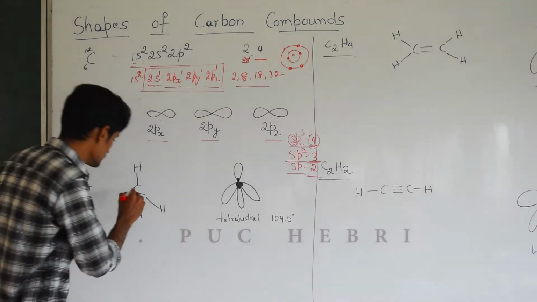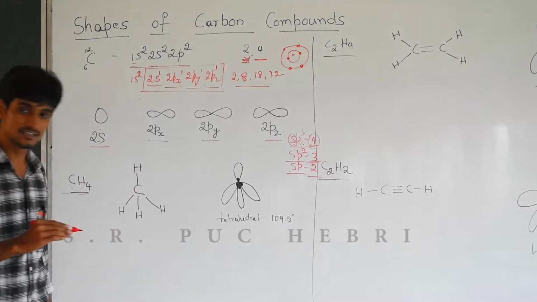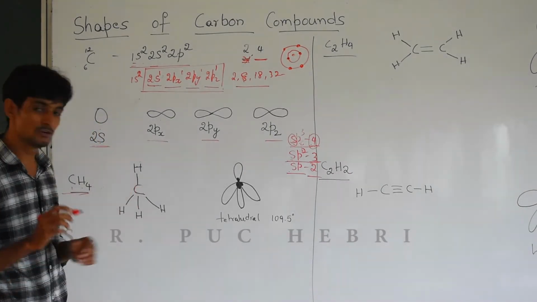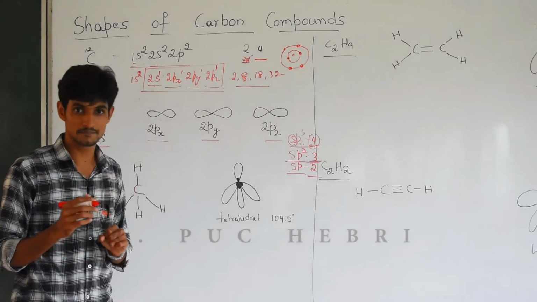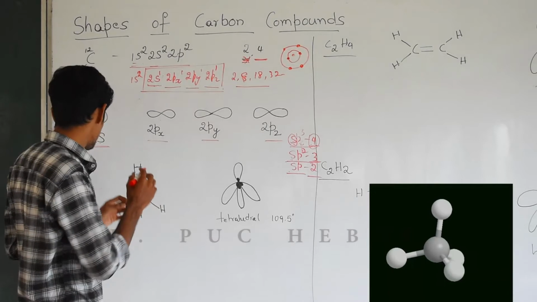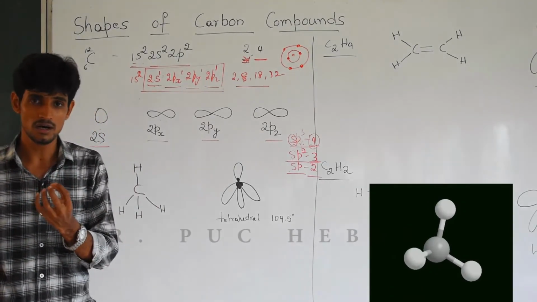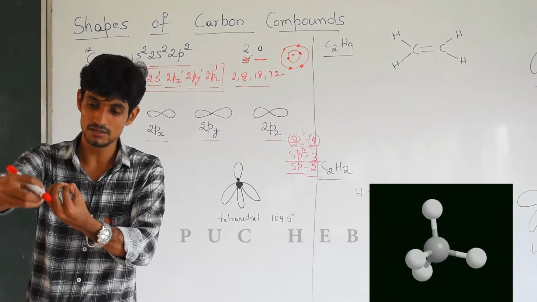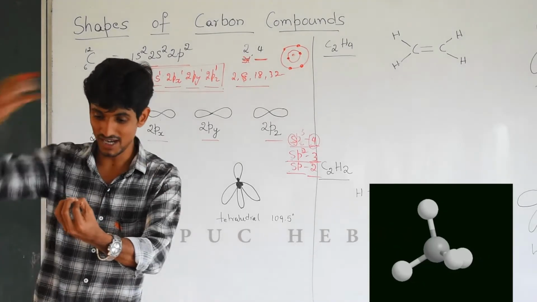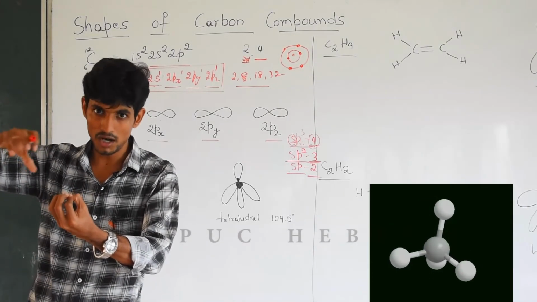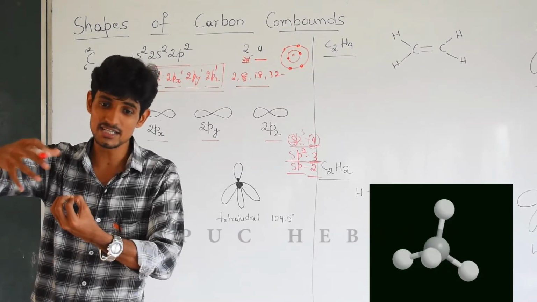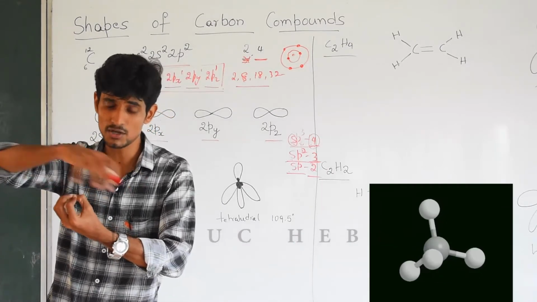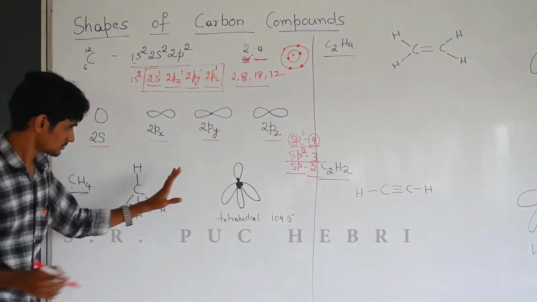Remember, the two-dimensional structure of methane looks somewhat like this, but if you imagine this structure in three dimensions, like a ball, then the four hydrogen atoms are at the corners. There is one hydrogen here, one there, one there and one there. All these hydrogens are at the maximum distance they can be from each other.